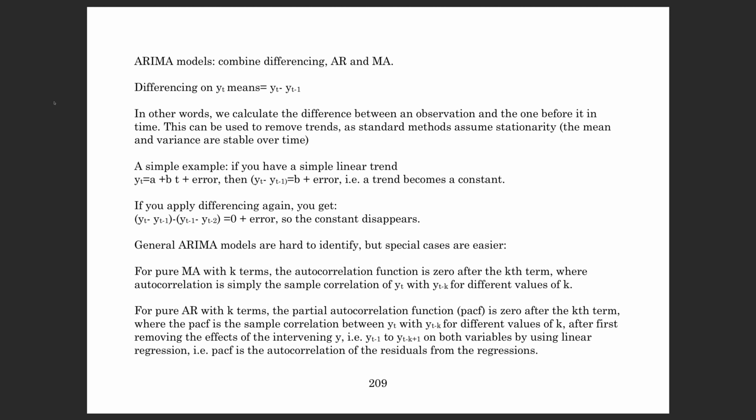So the first differences between Y_t and Y_{t-1} should show a constant plus an error term if indeed the original model was a simple linear trend.